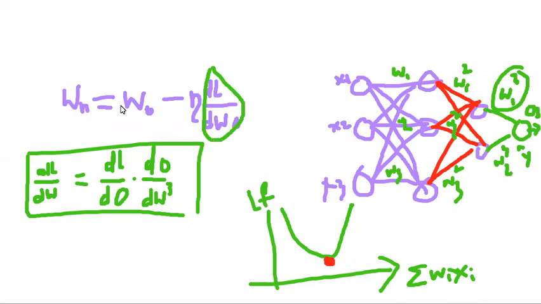For each and every weight, we are finding the tangent only. If you are touching the curve in this fashion, that means your slope will be negative. If you are moving downward, your slope is negative. Whenever you get a negative slope, we need to move towards the right side.